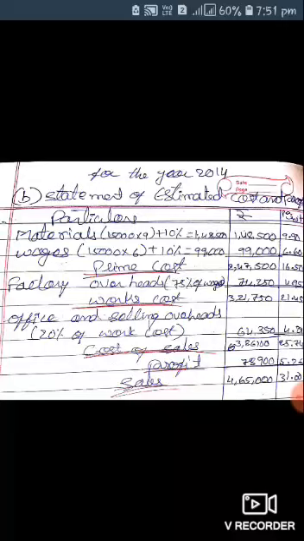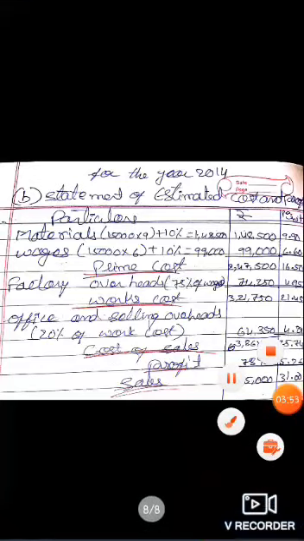So compared to 2013, the sales increased but the profit decreased because they reduced the price by 60 paise per unit. So they were having 8 rupees profit per unit, and here they are having only 5 rupees 26 paise profit per unit.